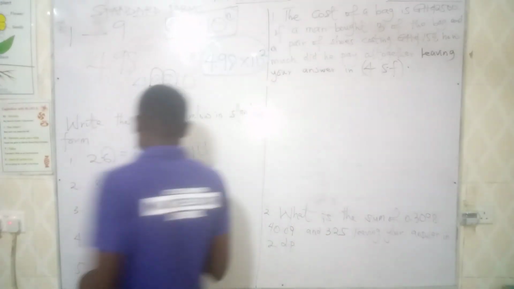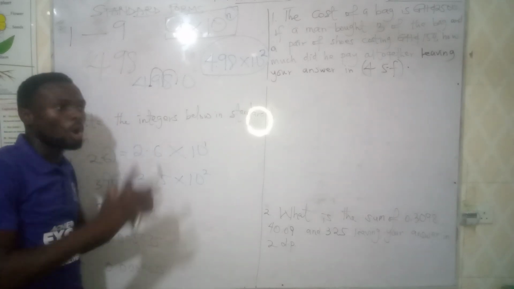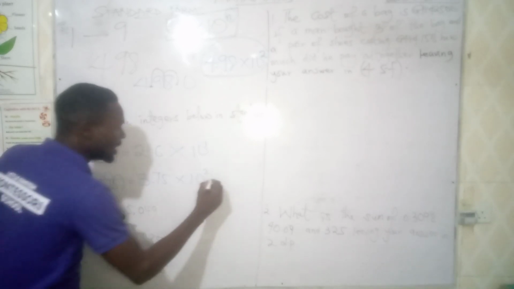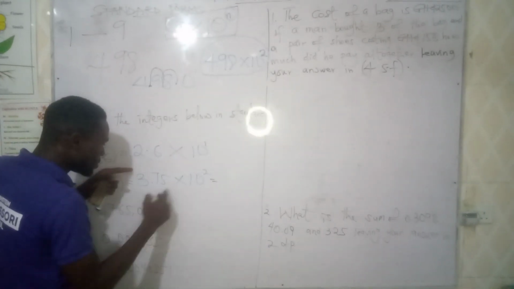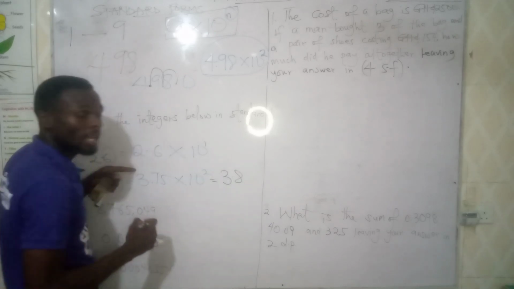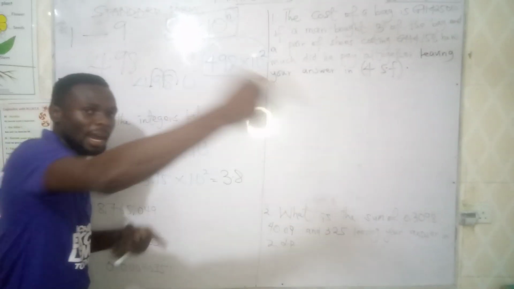So if this says that I should leave the answer in a standard form with 1 decimal place, then the decimal place is going to give me 3.8, because we know that for 1 decimal place, there should be 1 number after the what?